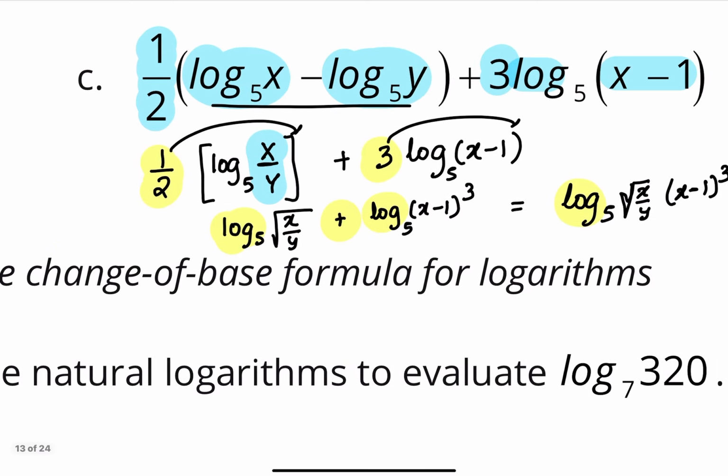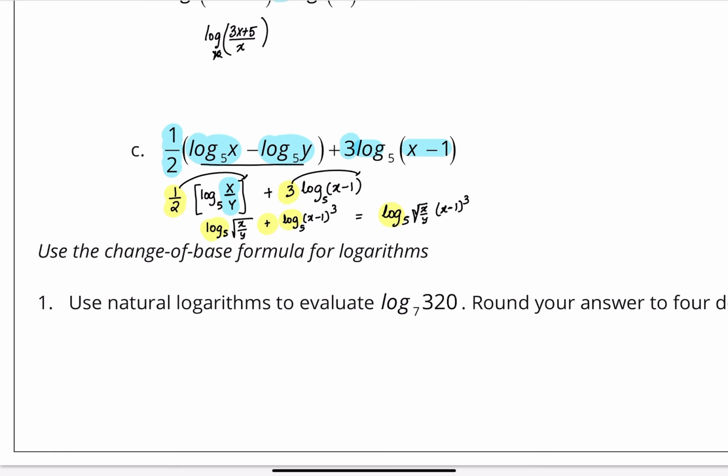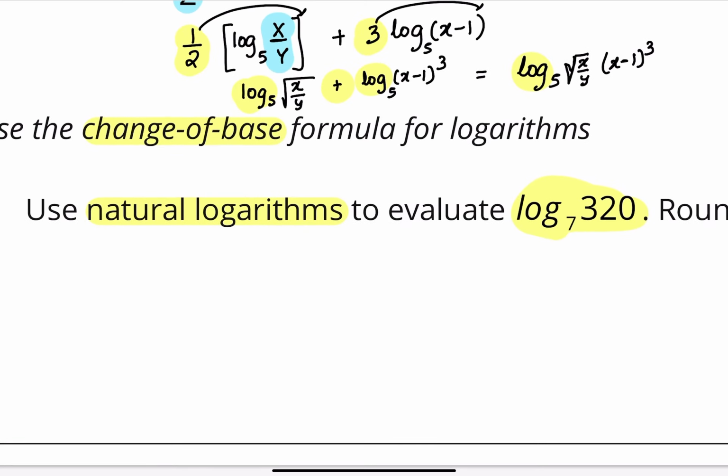All right, now let's go ahead and find out the next one. This is the change of base formula. Use natural logs. Now you can definitely go ahead and plug this into your Desmos and you'll see what you get, but let's go ahead and change that into a natural log. Natural log is to the base e, remember?